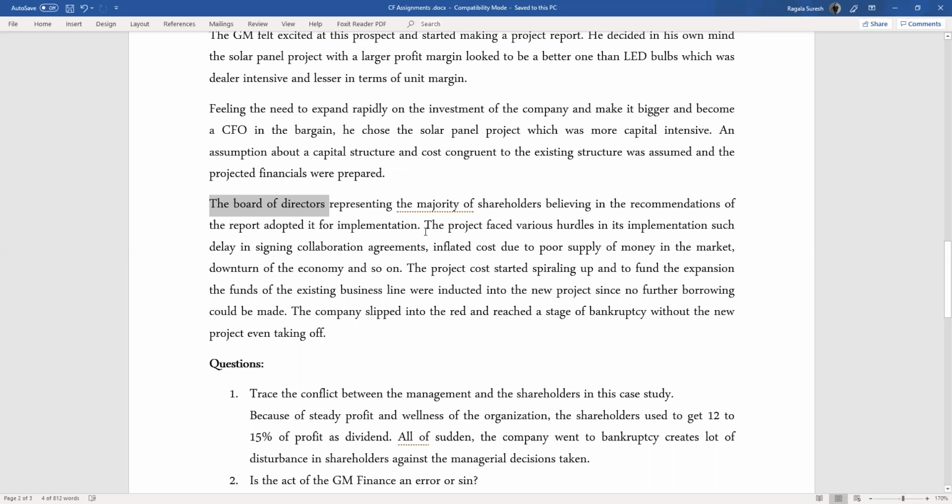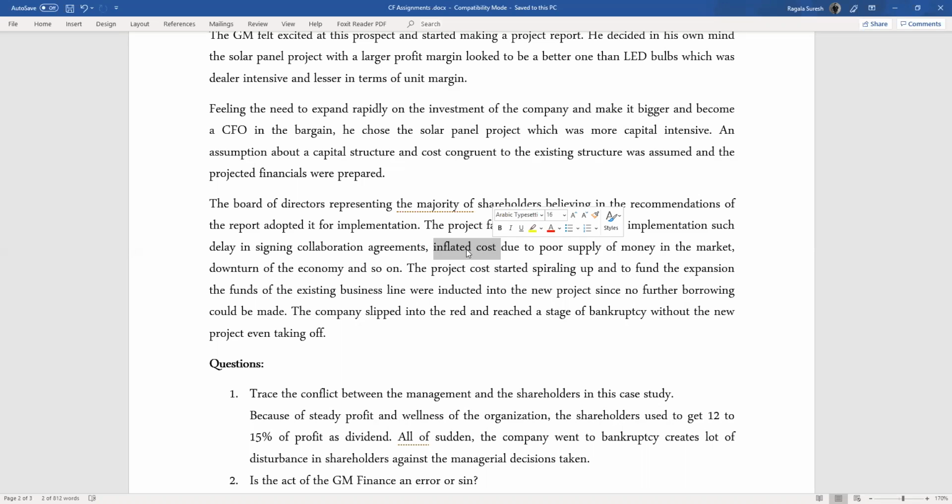During the initial stage they faced a lot of problems signing collaborations, and inflated costs, meaning unnecessary cost increases. If we don't provide money on time, the interest rate on the raw materials will be more.